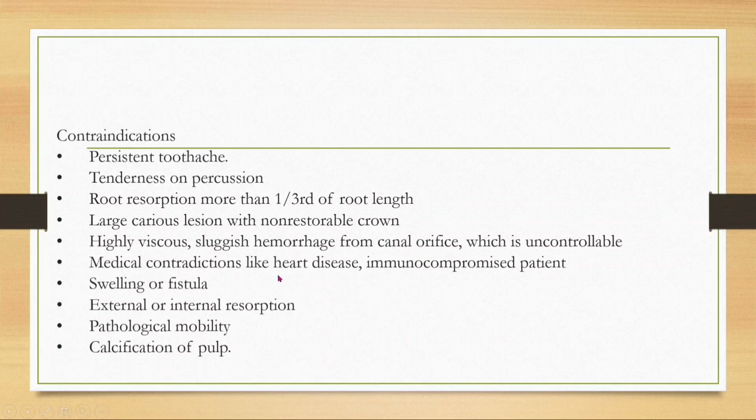Medical contraindications like heart disease or immunocompromised patient, presence of fistula, presence of resorption, external or internal, and mobility and calcification of pulp. In all these cases, pulpotomy is contraindicated.